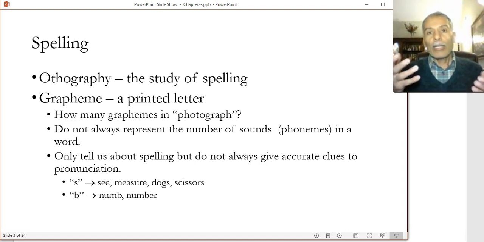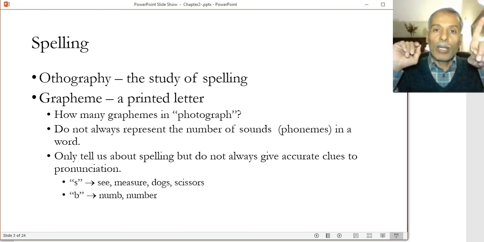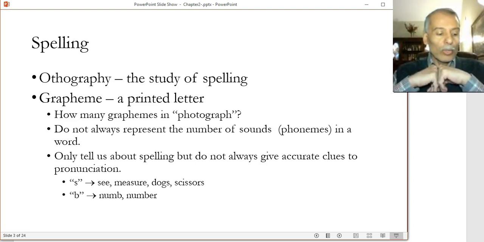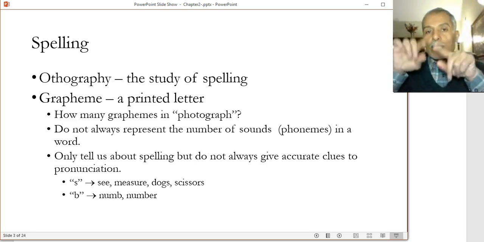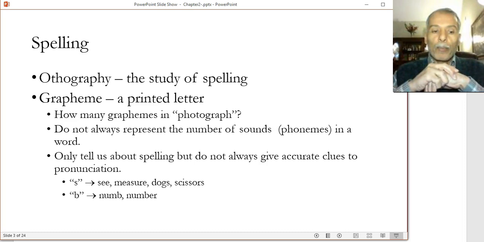So ideally, you should have one single symbol, for example, letter, to stand for one single sound. Like when you say, for example, s, you should find the S letter standing for s, just like that.